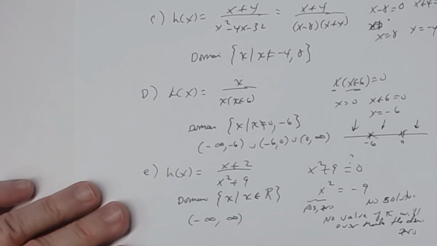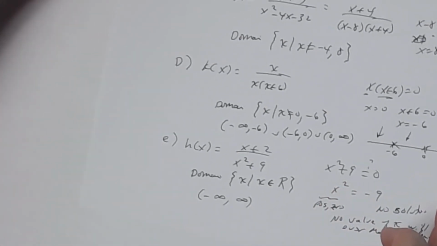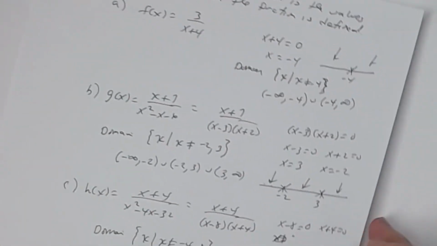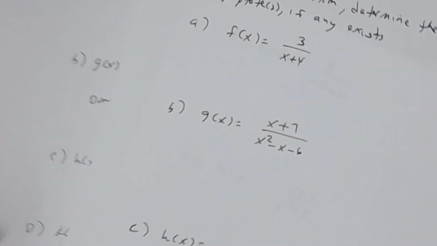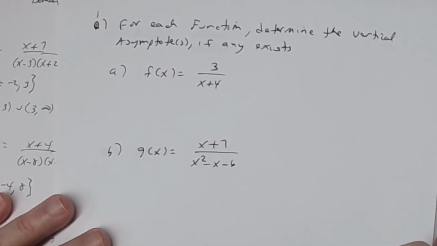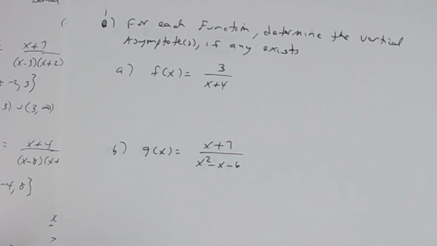Okay? All right. Now that we reviewed the idea of finding the domain of rational functions, let's go back and talk about how we find the vertical asymptotes of these rational functions. Now, listen carefully.